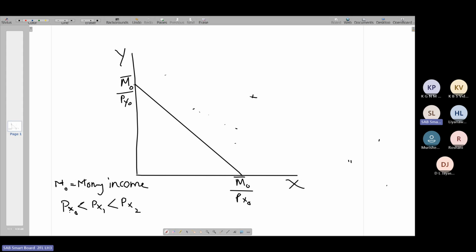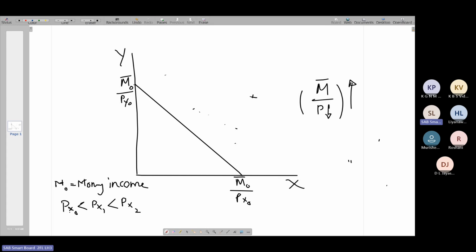If there's a decline in the prices, that means he can consume more. So when money income is fixed and the prices decrease, what happens? Real income increases. So he can consume more. So that's why this curve rotates to the right.